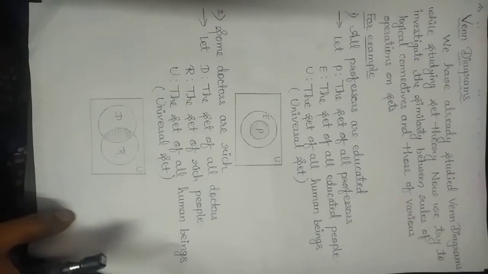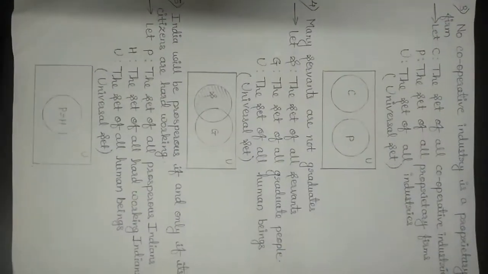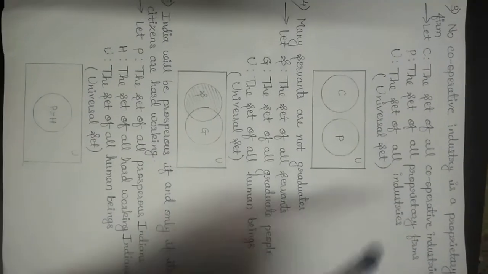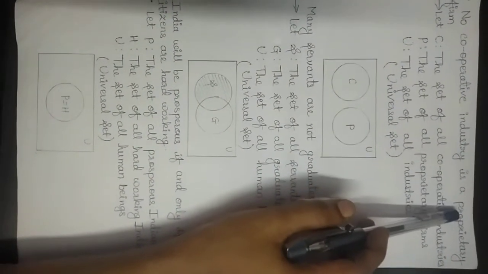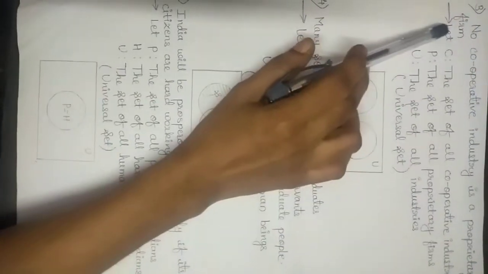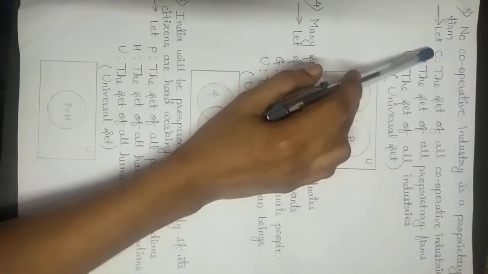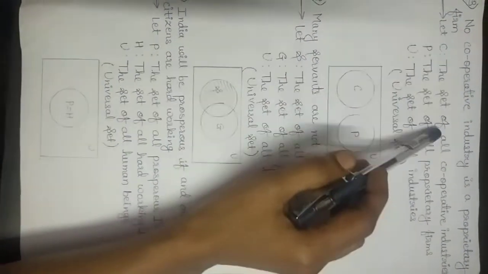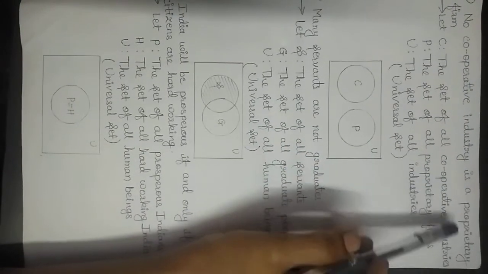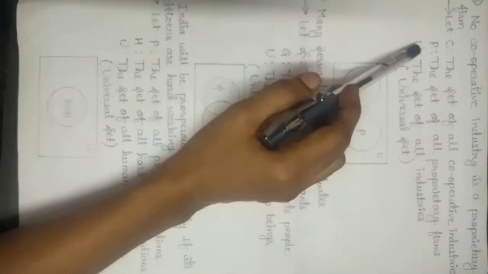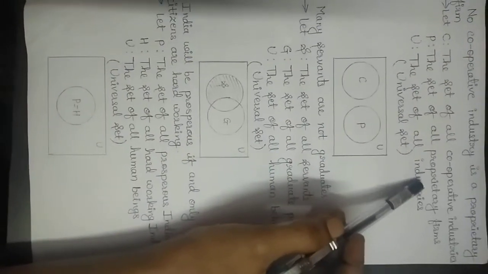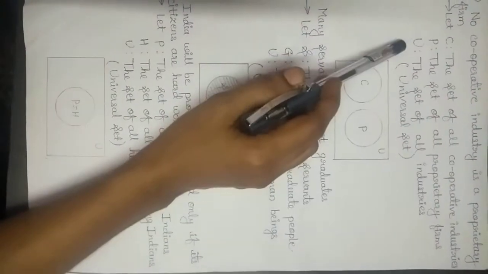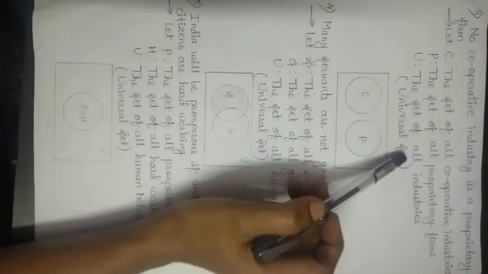Now we consider the third example. No cooperative industry is a proprietary firm. Now here let C be the set of all cooperative industries and P the set of all proprietary firms, and U be the set of all industries, that is universal set.